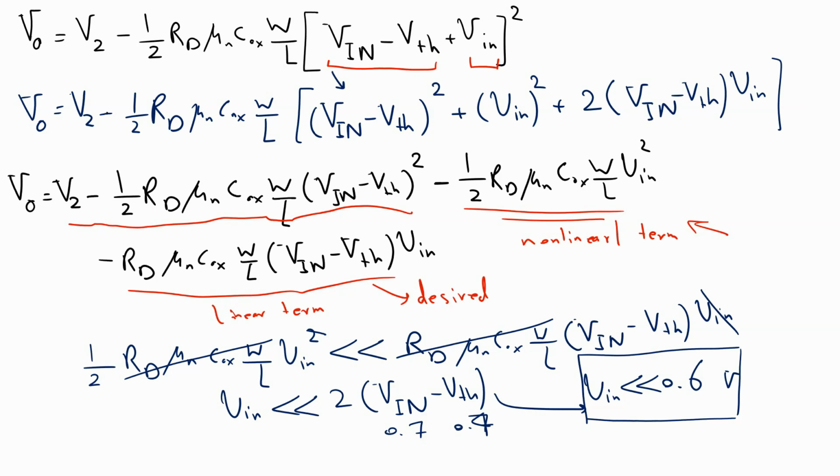Just look at the nonlinear term. This is a nonlinear term, as I told you, and let's just assume that we have a sinusoid at the input and put it into this formula. So here we have our VO nonlinear. Let's call this.